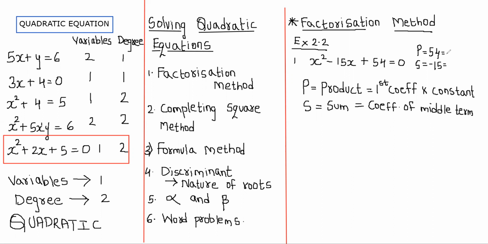Now we will find two numbers, multiplying which we will get 54 and adding which we will get minus 15. Now many students don't know how to find the factors. They always tell me, ma'am, we don't get the factors fast.